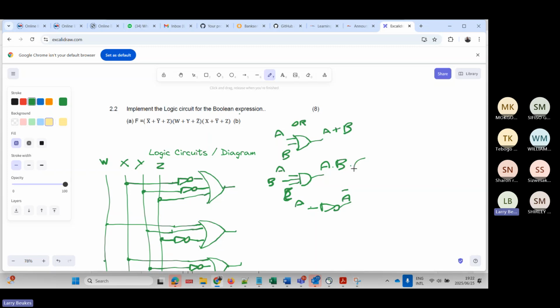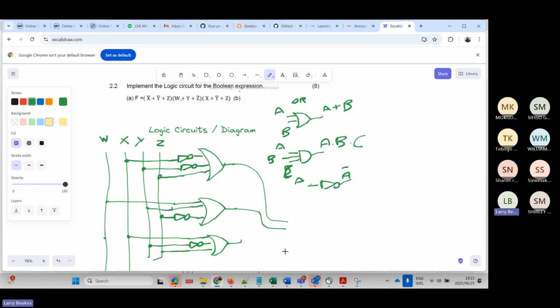So A in this case is X not, Y not, Z. Then B in this case is W or Y or Z not, right? And then C is this term here. Hence I'm saying these are just variables. They can be anything.